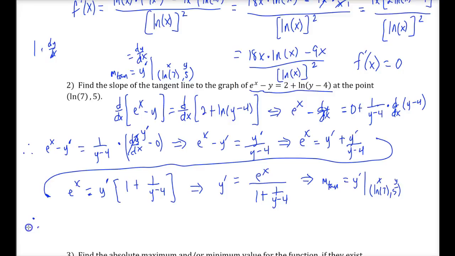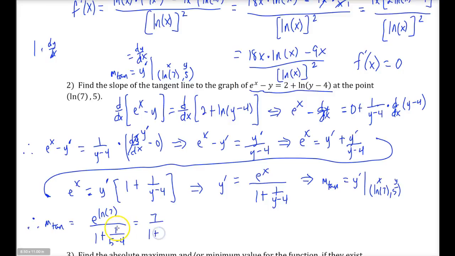So therefore, the slope of the tangent line is just going to be e raised to the natural log of 7 divided by 1 plus 1 over, let's see, 5 minus 4. And e raised to the natural log of 7 is just 7.